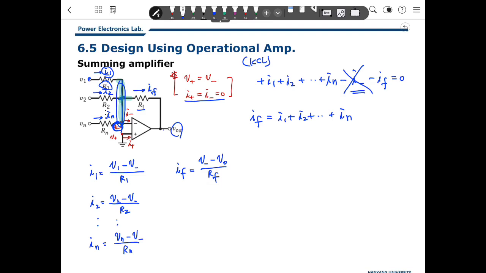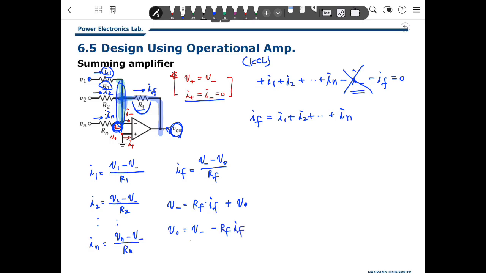Then we need to define the VF. What is VF? Based on these relationships, V negative is the voltage drop here, RF IF, plus V out. So V out will be V negative minus RF IF.